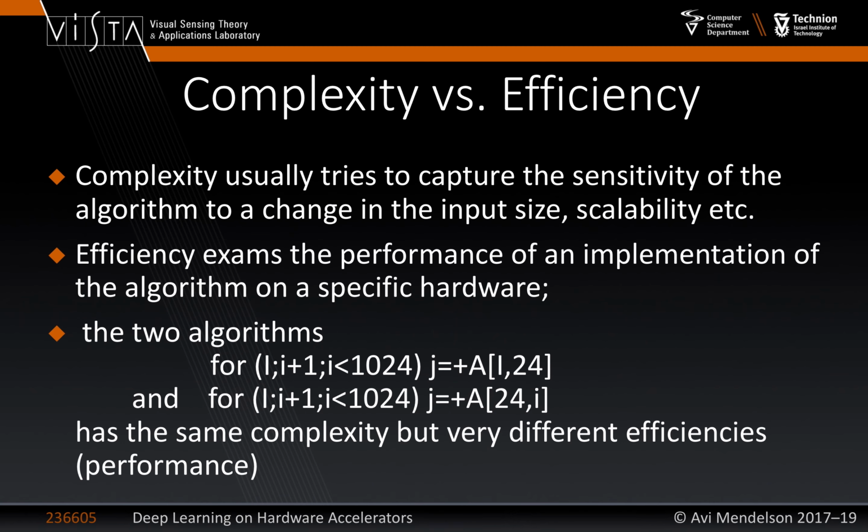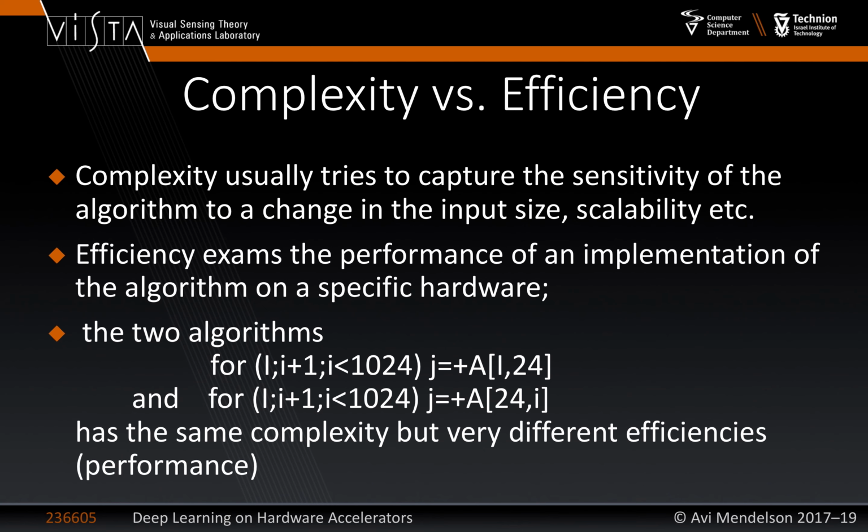So we already talked about it, but just to mention complexity versus efficiency. Usually when we talk about complexity, the real meaning of complexity is the sensitivity of the algorithm to, for example, the input size. When we say that something is O of n, it means that it grows linearly as the size of the input grows.